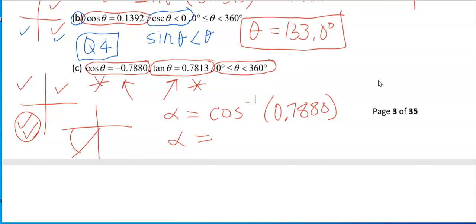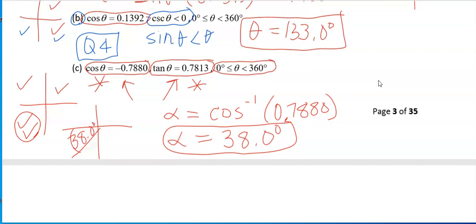Inverse cosine of 0.7880, 38.001. Well, I'm going to call that 38.0 degrees. Now that is my reference angle. That's not my solution. That's my reference angle, 38.0 degrees. So you can see that your theta is going to be equal to 180 plus that. So that should be 218.0 degrees.